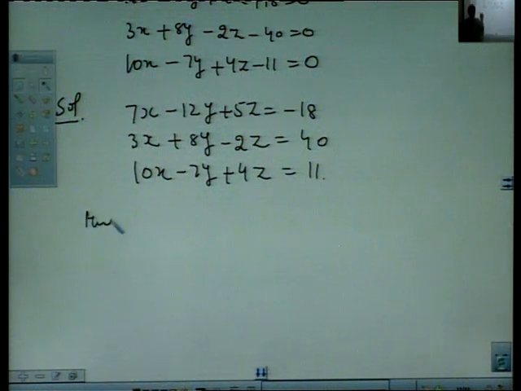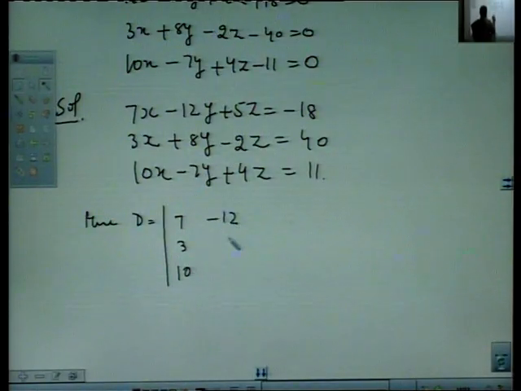Here our D is 7, 3, 10, minus 12, 8, minus 7, 5, minus 2 and 4, and we will solve it.